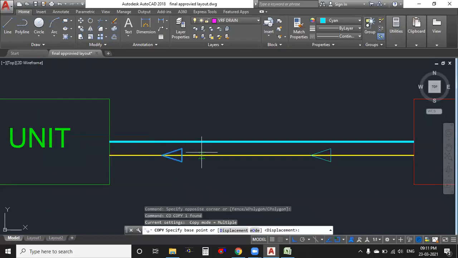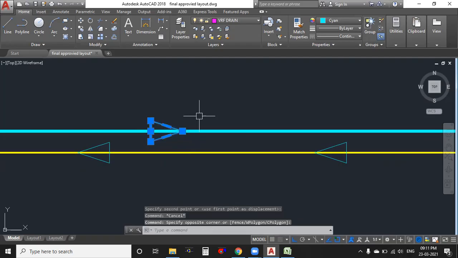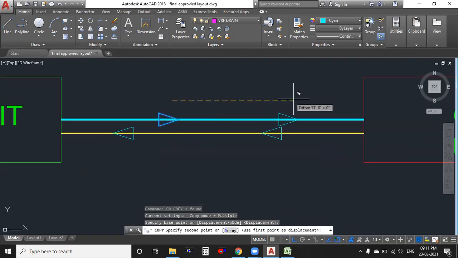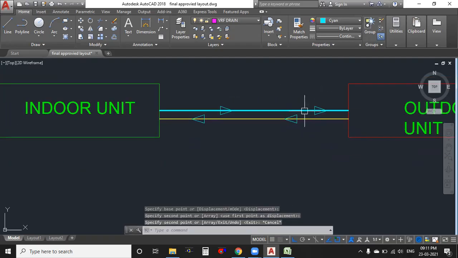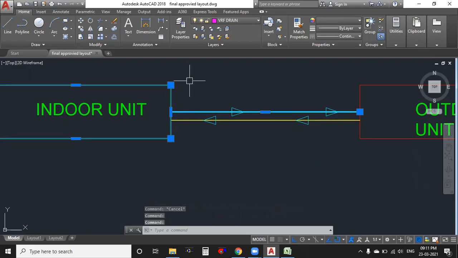So this is the flow of my refrigerant. The small pipe is called suction for the indoor unit, and the big pipe is called discharge from the outdoor unit.